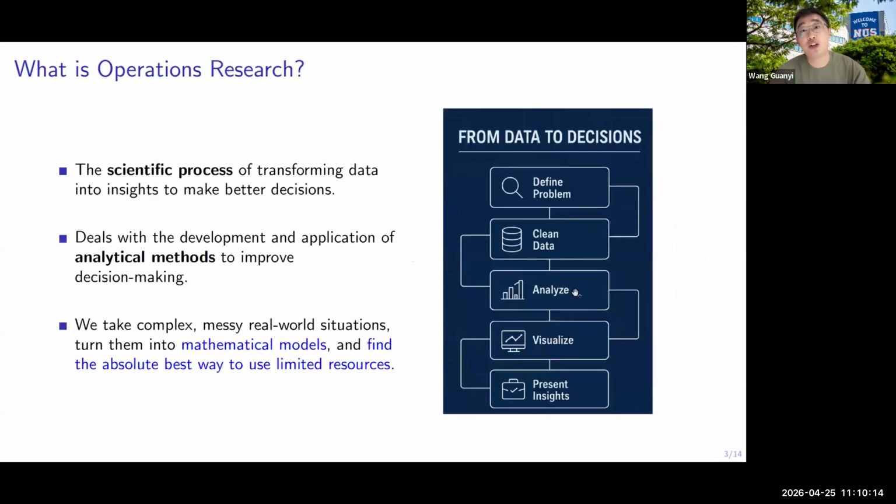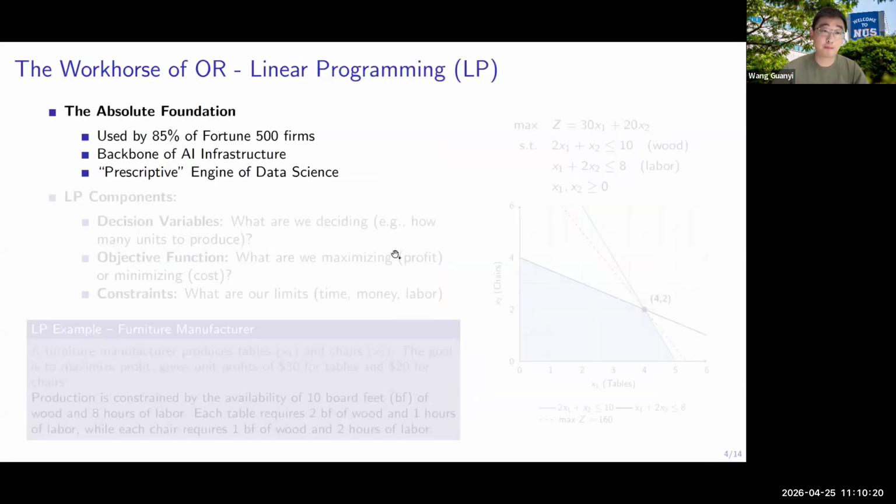That's what we showed in the previous slide. And you could see that I list 3 bullet points about why linear programming is important. It's utilized by a lot of big companies. It's the backbone of the AI infrastructure. For example, if you want to manage a cloud center or data center, you need to first schedule your electric power and look for a good location.